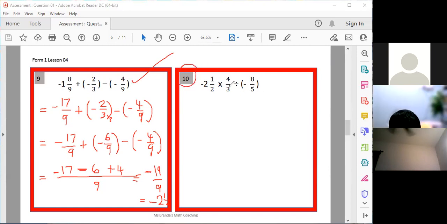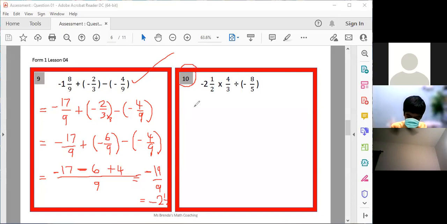Okay, don't worry. Number 10, good, Gloria. Good that you got it right. We now have multiplication and division. But again, before we go and do the multiplication and division, we make all those mixed numbers become improper fractions.